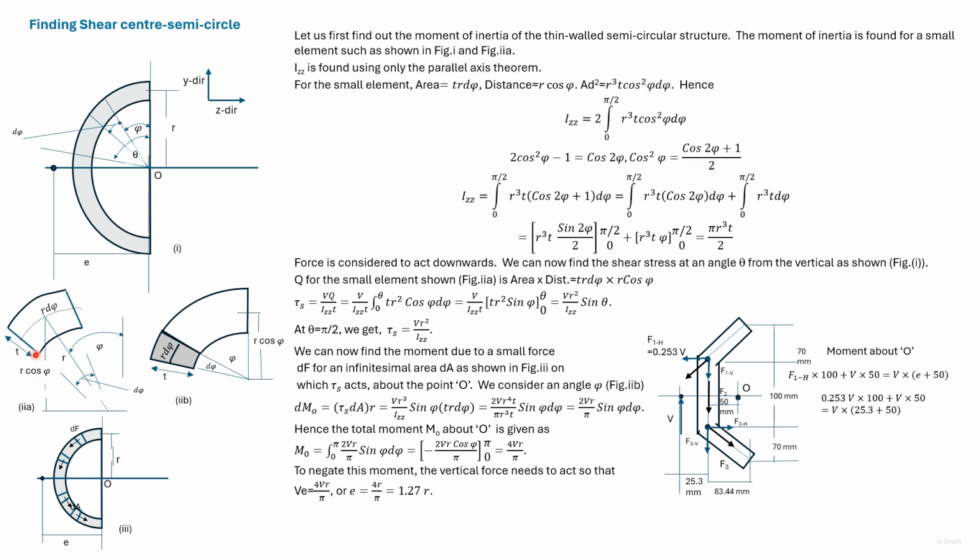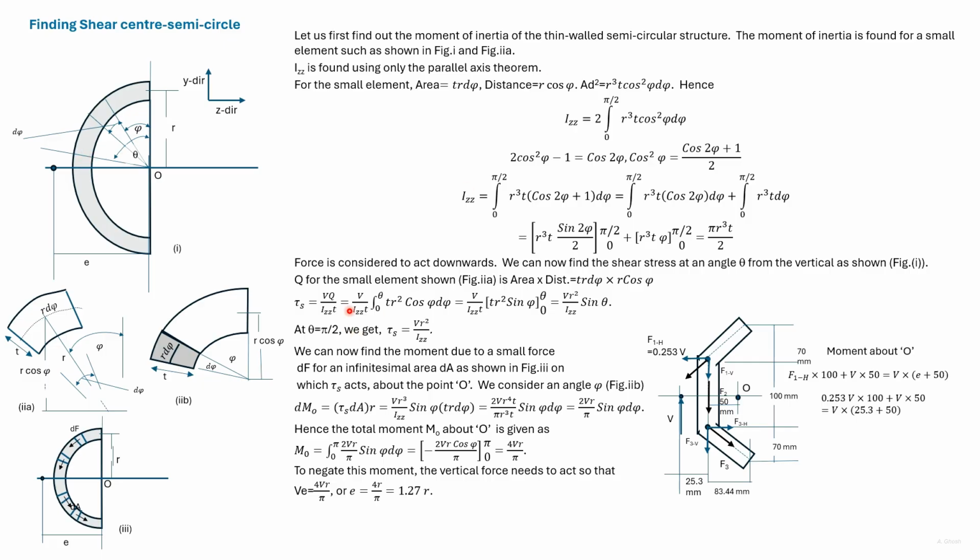Consider this small area, then the total area is r d phi into t, and the distance from the neutral axis is r cos phi. So this is the Q for this small element. We'll find out the shear stress acting at an angle theta.